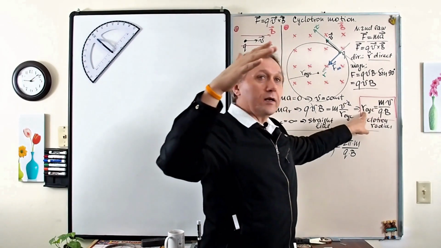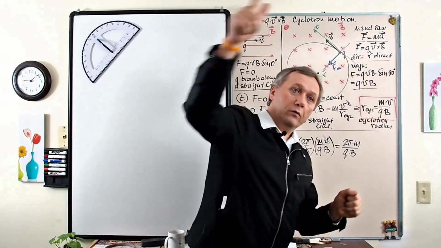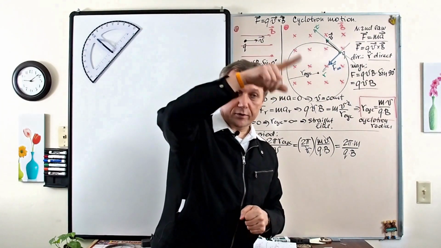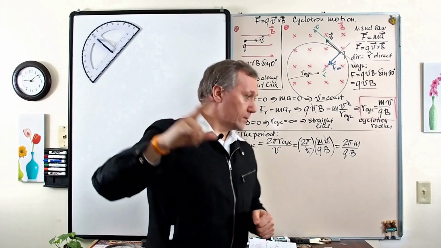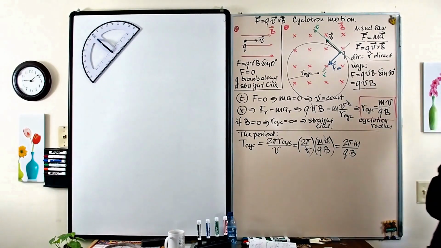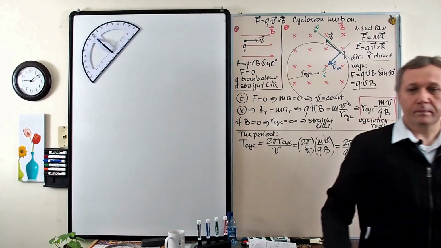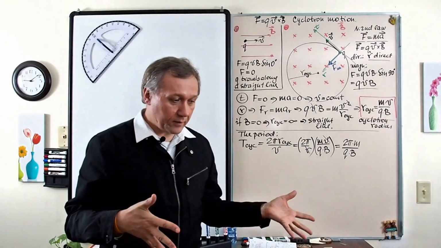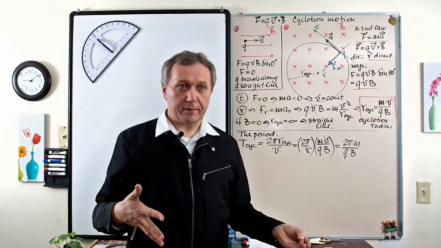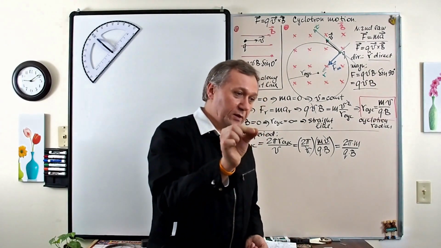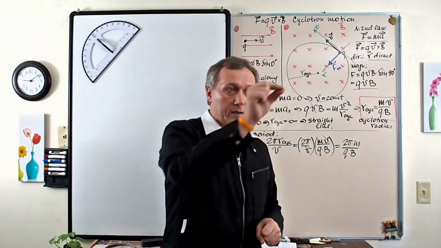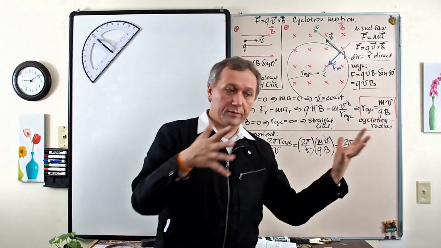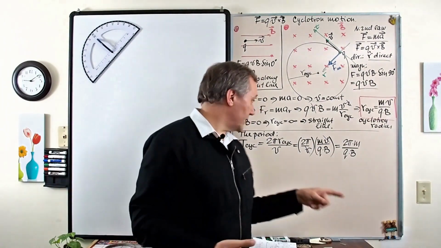As a result, the cyclotron radius is larger, so it will travel over a bigger circle. Bigger circle, larger circumference, so larger travel distance, divided by the larger velocity, and we're still getting the same travel time. So smaller speed, smaller circle, larger speed, larger circle, but the ratio of the circumference over the speed is exactly the same, and that's what we have.